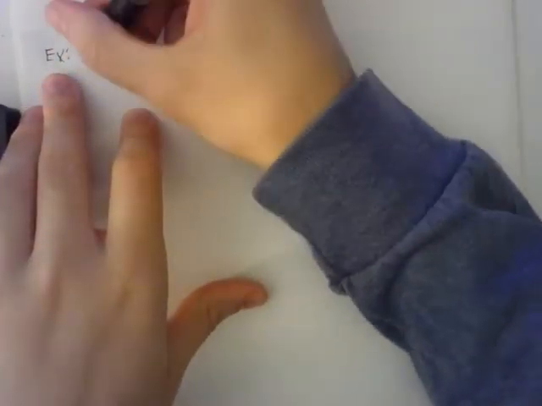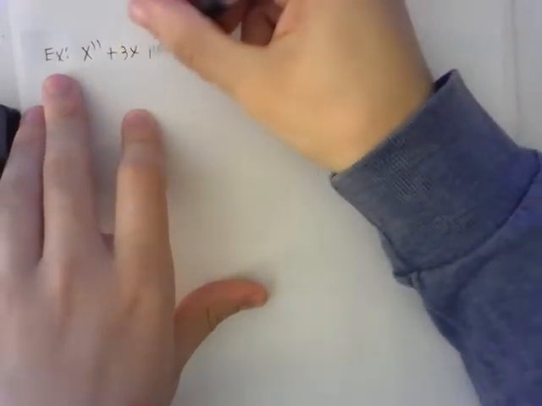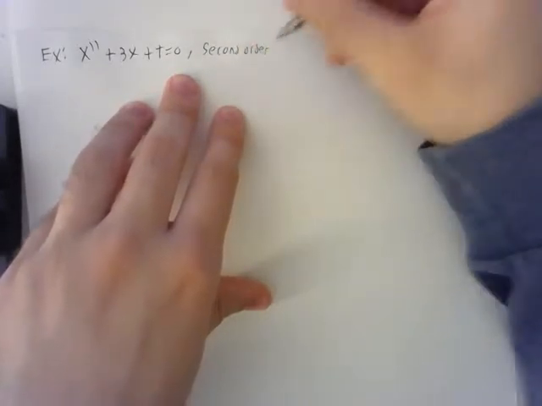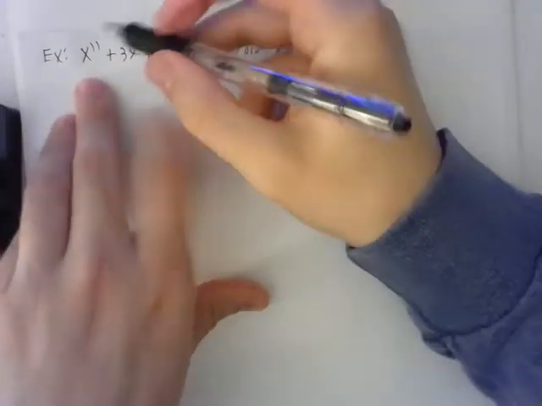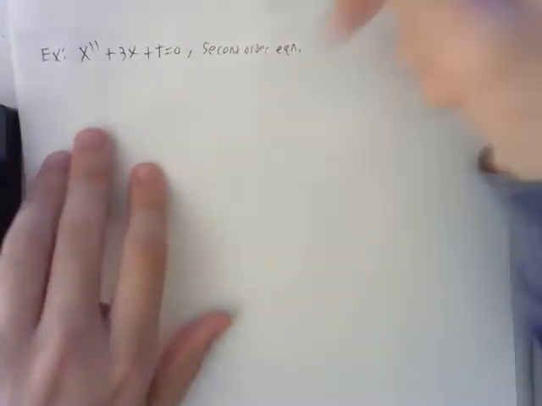So if you have something like x prime prime plus 3x plus t equals 0, this would be called a second order equation because it has an x double prime appearing in it rather than just an x prime.